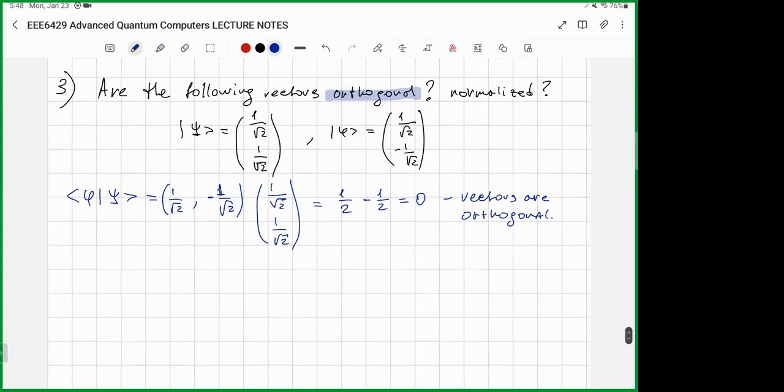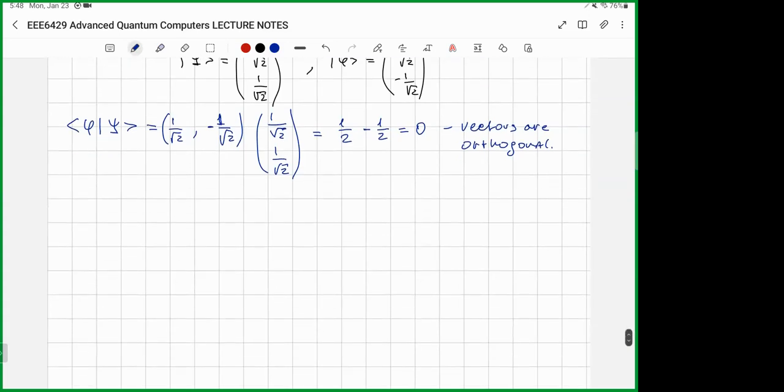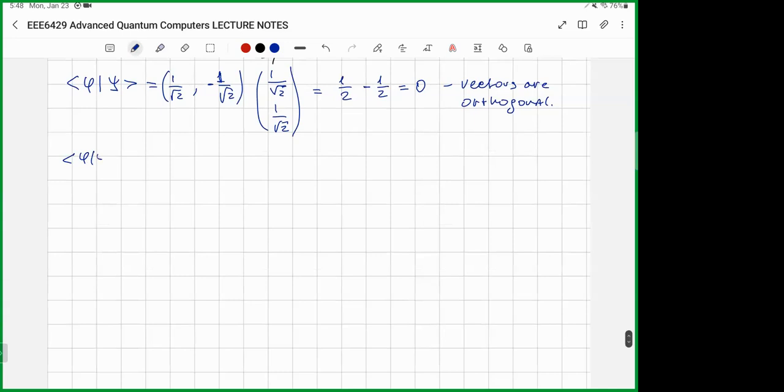And how do we check if they are normalized? We basically go and find their norm. So the norm of vector phi is equal to what? First, the bra and the ket: 1 over square root of 2, minus 1 over square root of 2. Components by components, row by column.